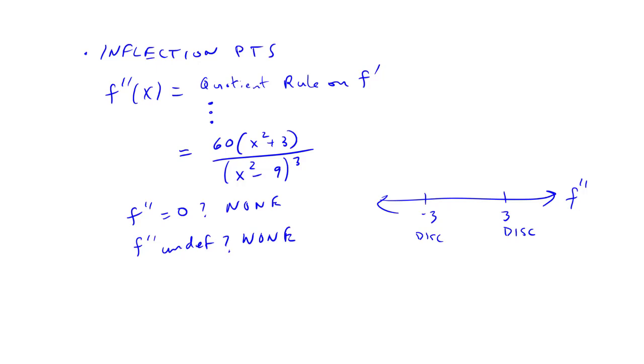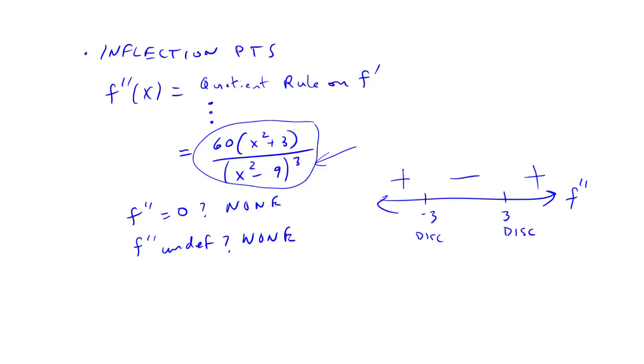And if we go in here, now the numerator is always going to be positive, but we do have to look at the denominator when we're evaluating this, because that can change. So when you're at -4, you would get a positive result because you're getting 16 minus 9 positive, cubed positive. But if you're at 0, say, you get a negative inside: 0 minus 9, then cubed, that's still negative.